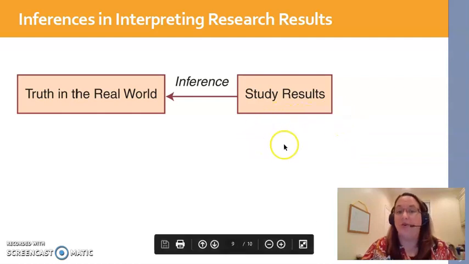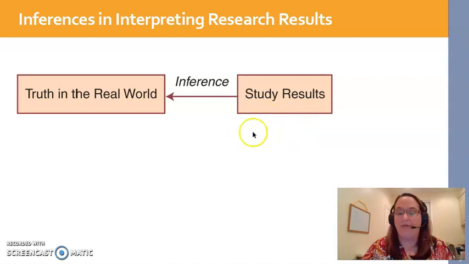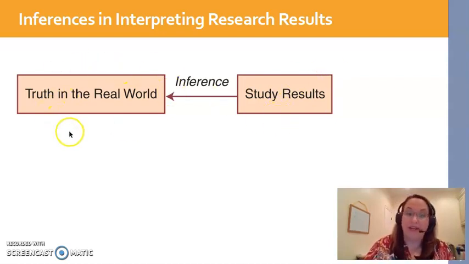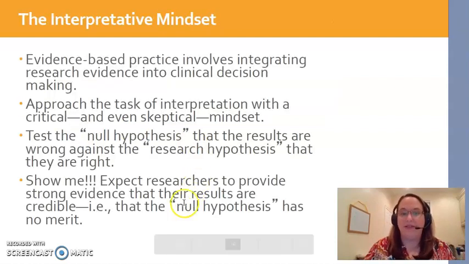These are my study results for my supposed 200 type 2 diabetic participants. I don't want to just learn about those 200 people. I want to make inferences based on those 200 people of what any type 2 diabetic would act like or be like in that same situation. So it's super important that the sample looks like the population. Otherwise, we can't feasibly make these inferences.